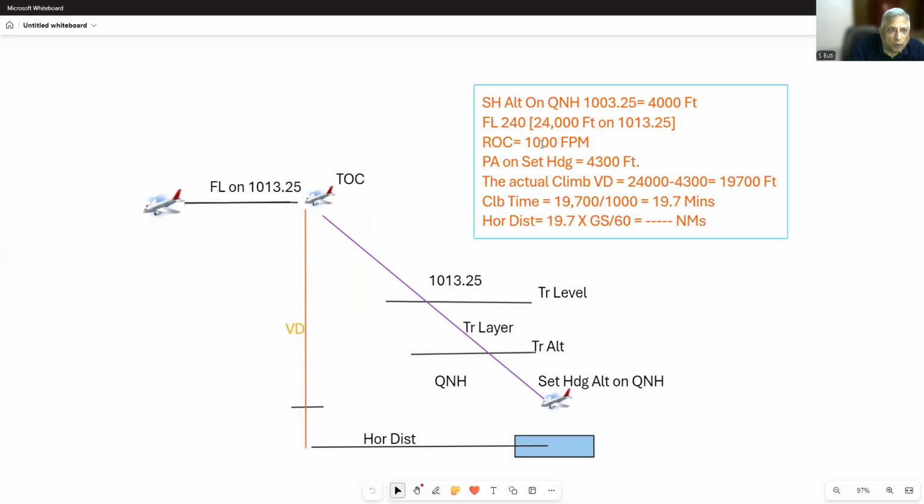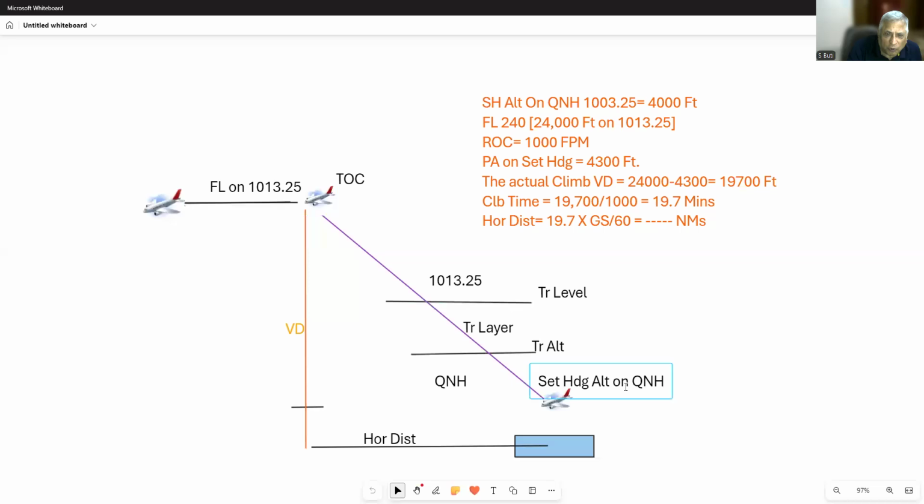Now I find out, if I'm climbing to 24,000 feet from 4,000 feet, that this distance should be 20,000 feet. Practically, yes, but theoretically, they say no, give me the exact vertical distance. How much have I climbed? Okay, now 24,000 minus this set heading. And since this is a pressure altitude, I find the pressure altitude here.